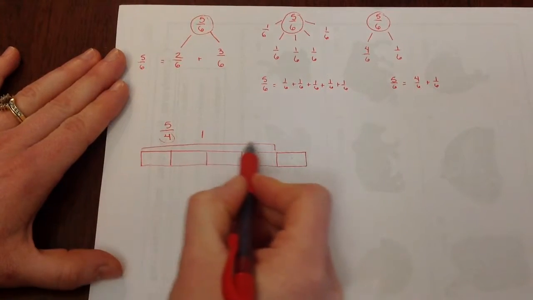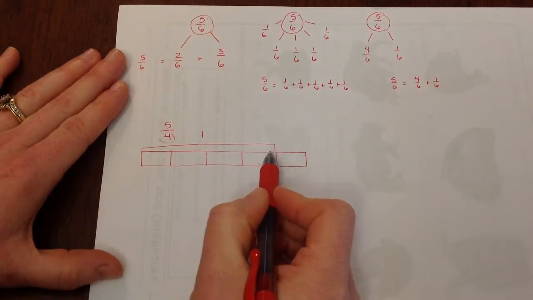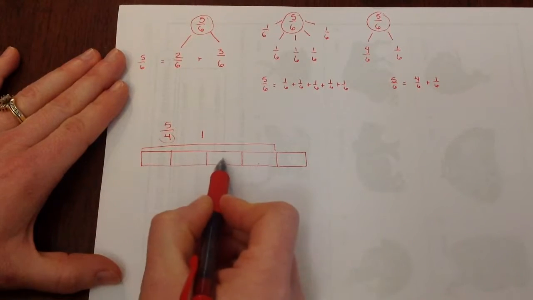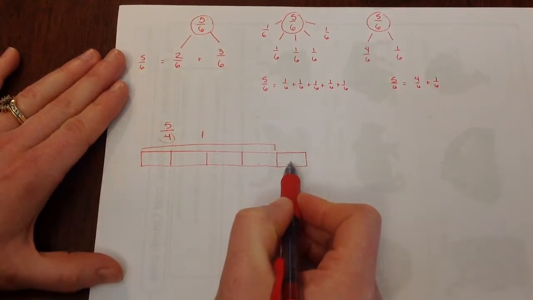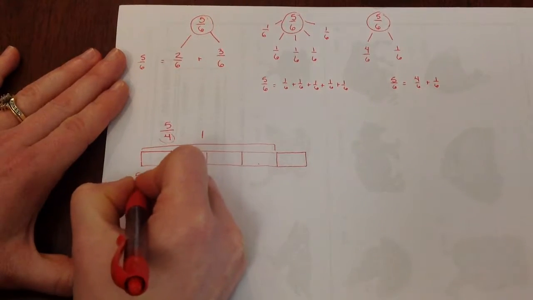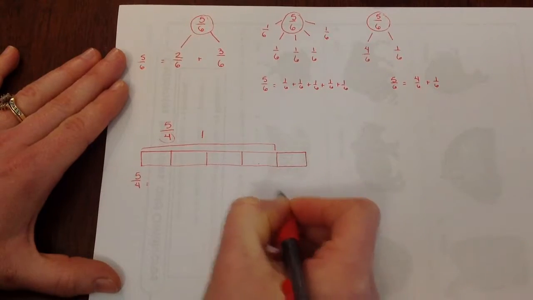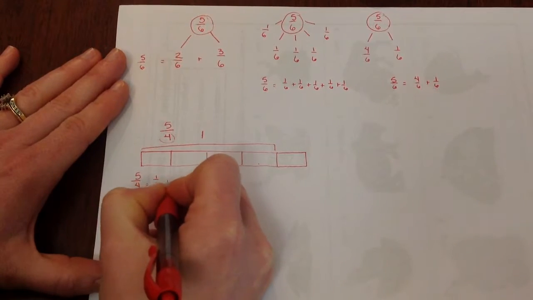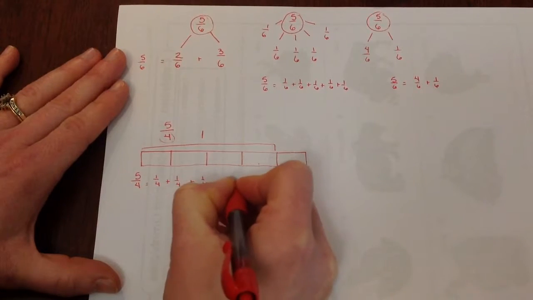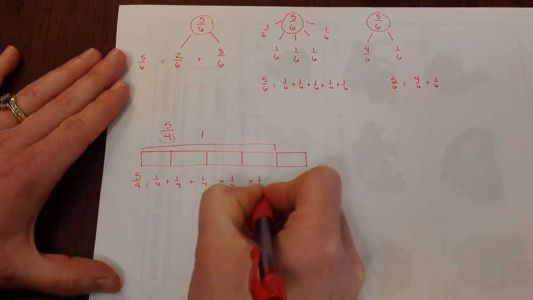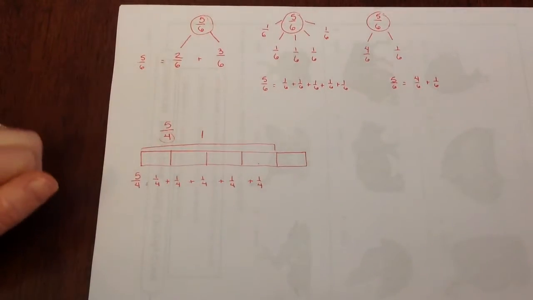Since this is my whole, I count those pieces. 1, 2, 3, 4. So these are 4 fourths plus one more is 5 fourths, which would look a little like this. 1/4 plus 1/4 plus 1/4 plus 1/4 plus 1/4, if I was just using unit fractions.